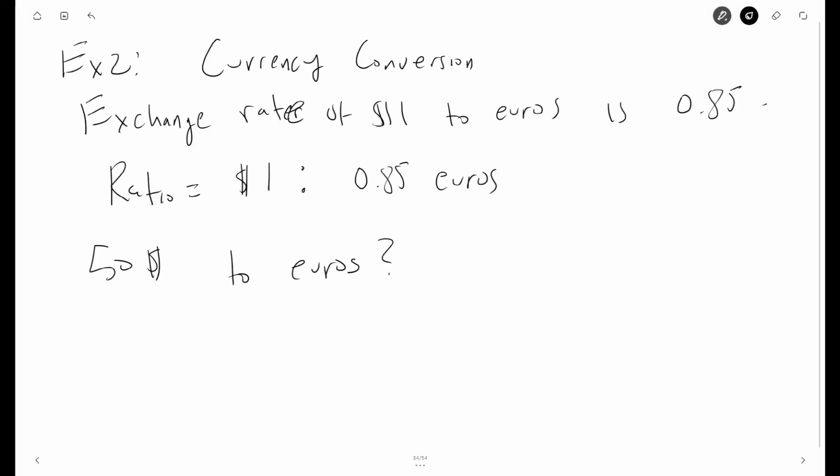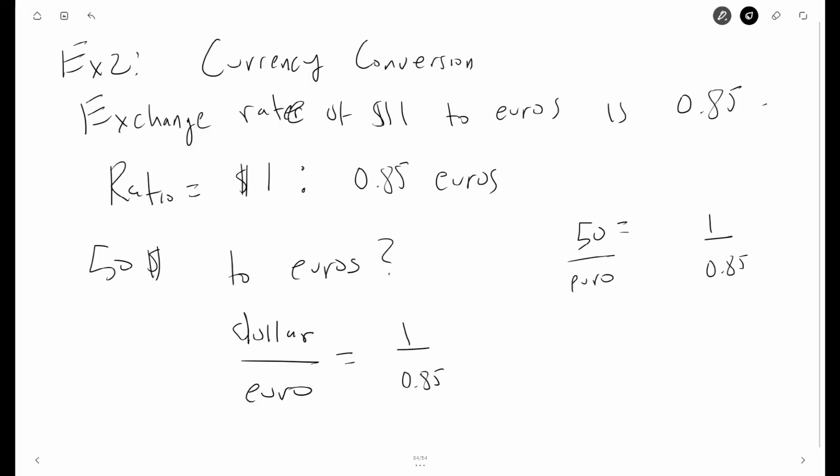Dollar over euro is equal to 1 over 0.85. And we have $50, so we can say 50 is equal to 1 over 0.85 times euros. All right, now we solve for euros.